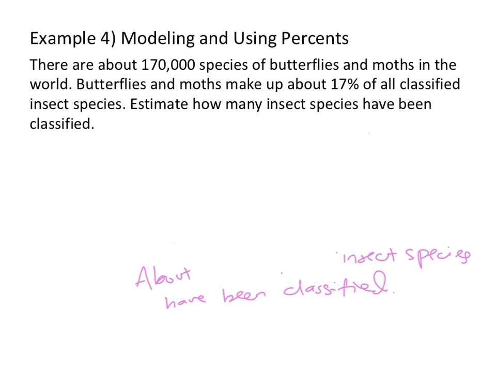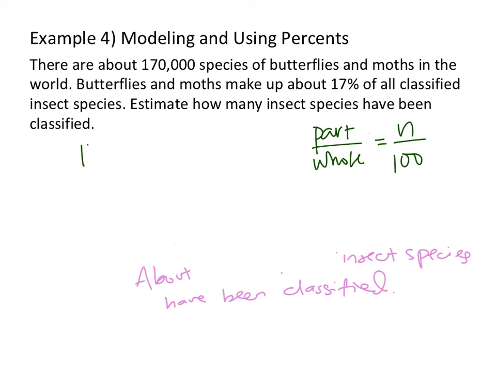So I'm actually going to show you one other way to do this, which is the way that I learned it when I was a student, using the part over whole. So the same thing again, 170,000 or 17%. So I know 170,000 is part of some number, right? So part over whole is equal to n over 100. So it's 17% of some number.